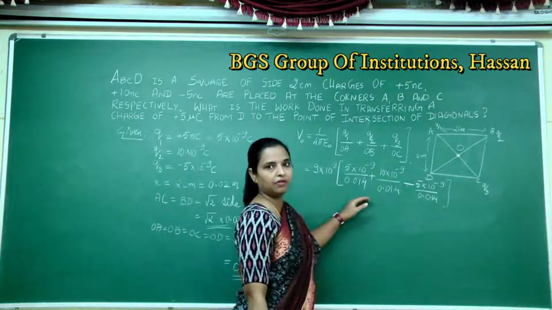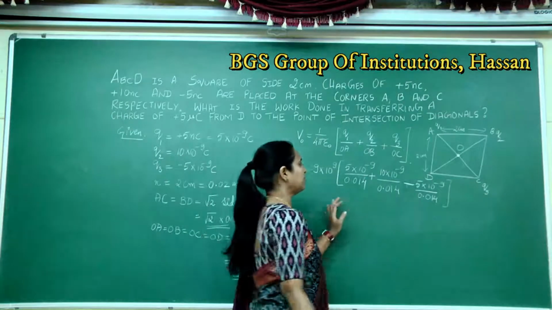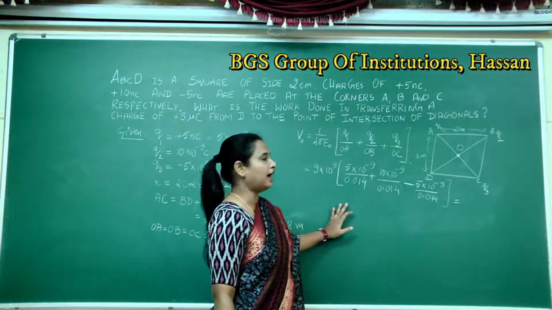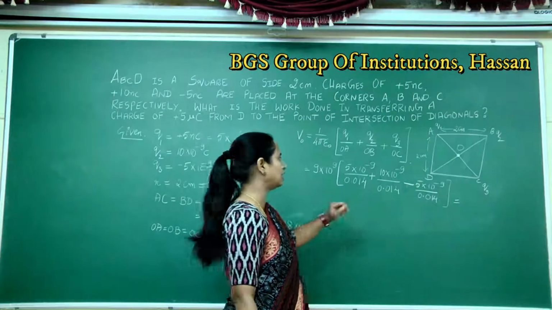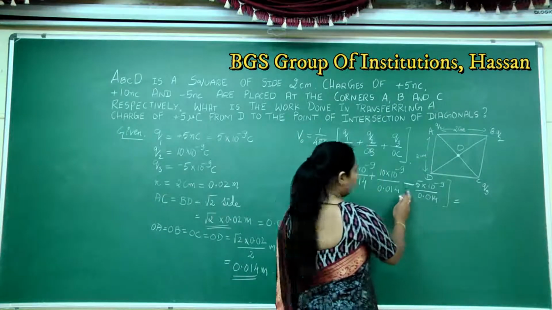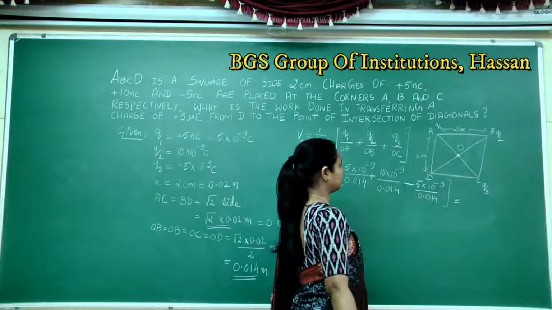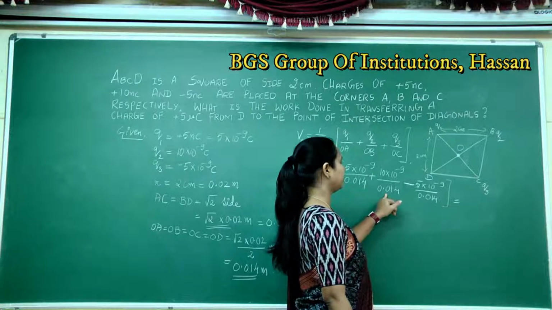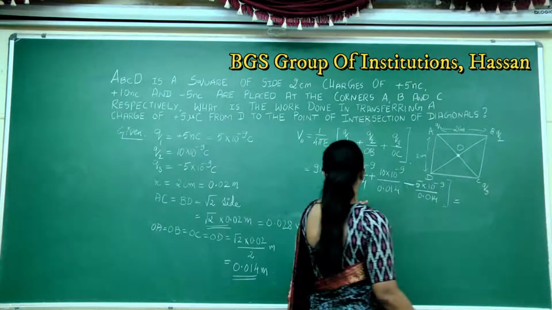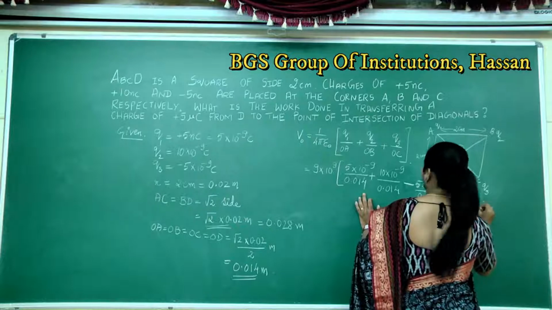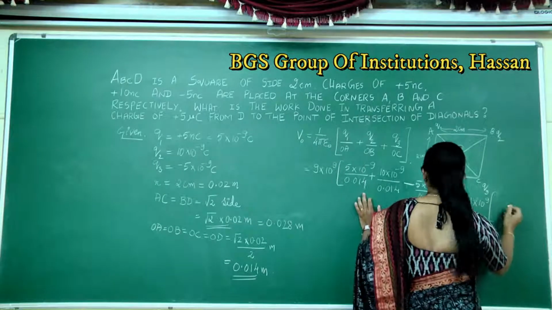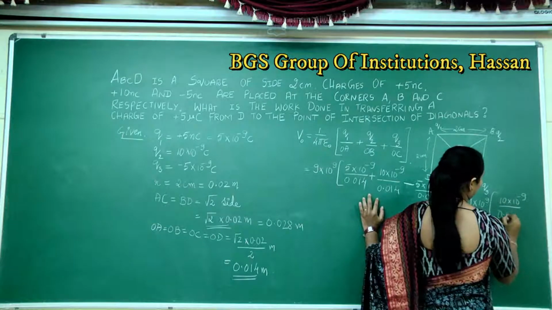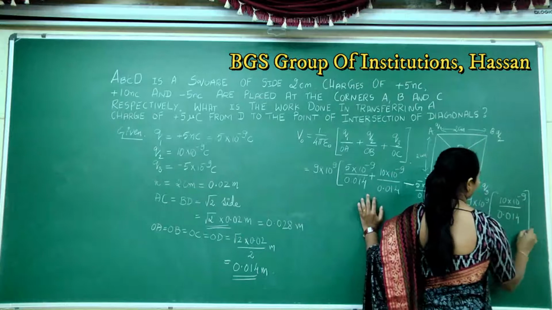And we have the denominators same in all the factors. We can directly do the arithmetic addition or subtraction here. If we do the arithmetic calculation, what do we get here? Minus 5 plus 5 cancel. The left is 10 into 10 power minus 9 divided by 0.014. 9 into 10 power 9, 10 into 10 power minus 9 divided by 0.014.